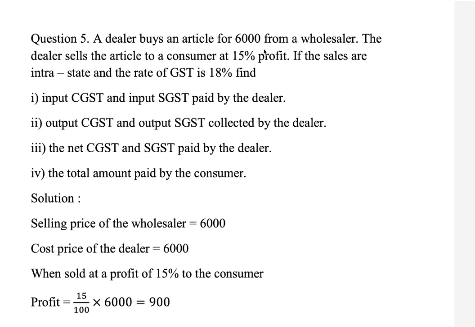A dealer buys an article for 6,000 from a wholesaler. The dealer sells the article to a consumer at 15% profit.